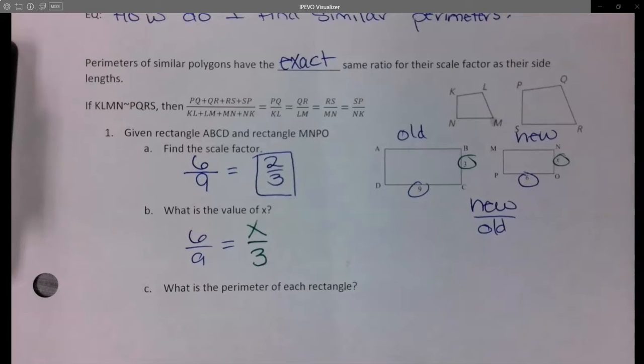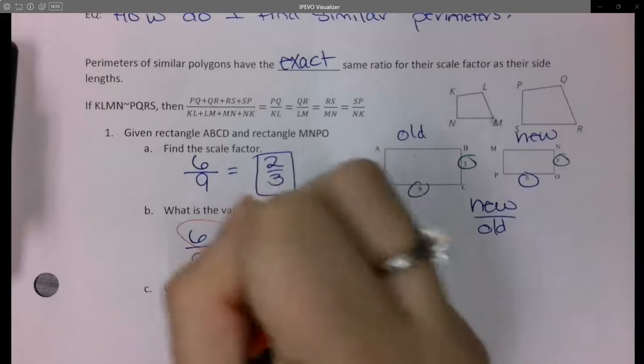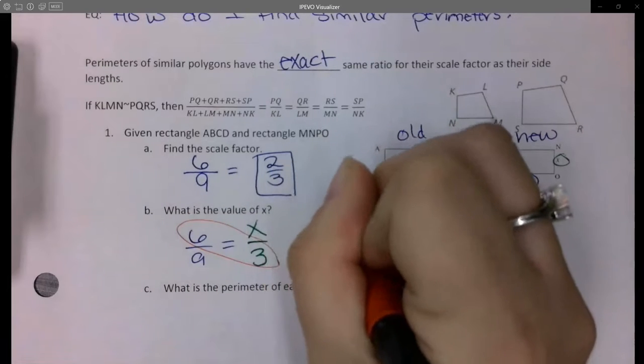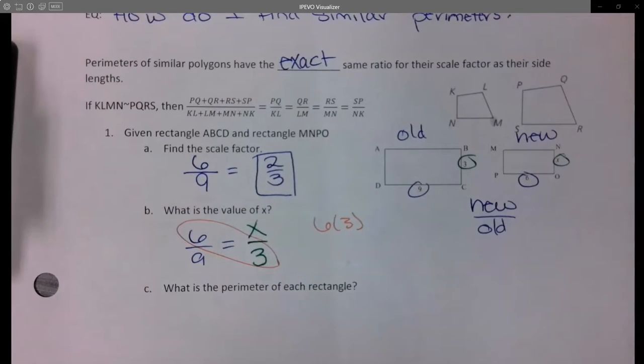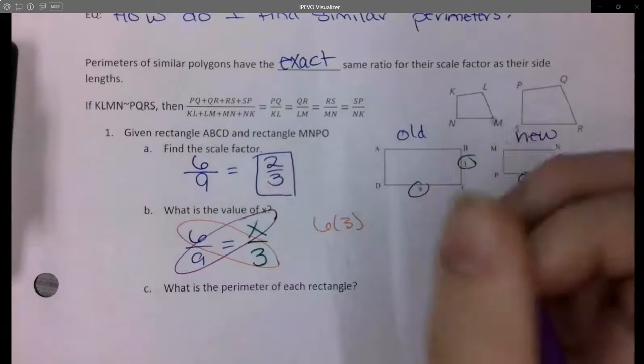Then I want to go ahead and cross multiply. So I'm going to have 6 times 3. And then I'm going to do 9 times x.